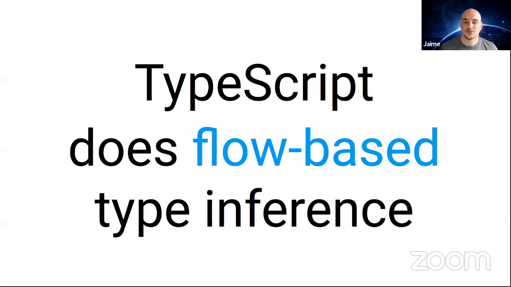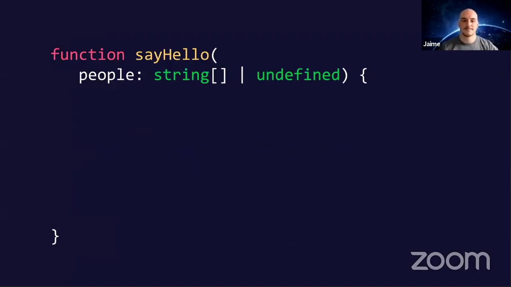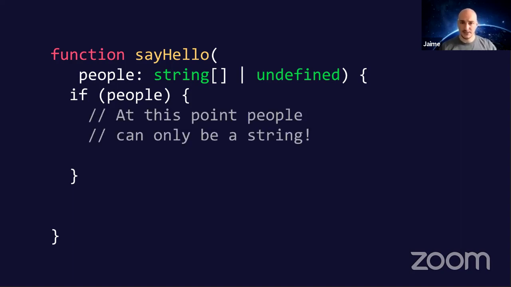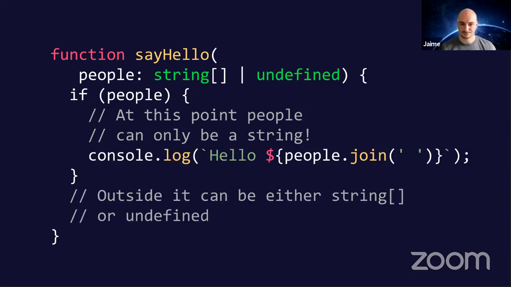Type refinement. TypeScript has this flow-based type inference so that it refines the types as it evaluates your code. So here we have this string array or undefined, could be both. If we use this code that says if people exist, then at this point, it knows that inside this block, it can only ever be a string, and then gives you help.